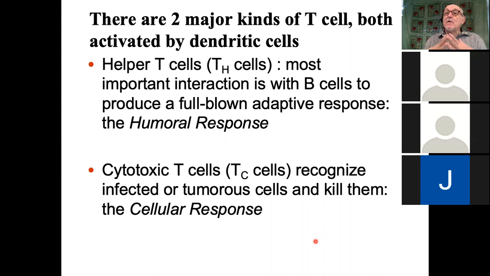And they will also act against things like potentially tumorous cells, and they kill them. That's why they're called cytotoxic. They kill in a particular way that I'll tell you about. But they actively kill cells which are infected or which have transformed, which no longer look like self. So those are going to be our main players.